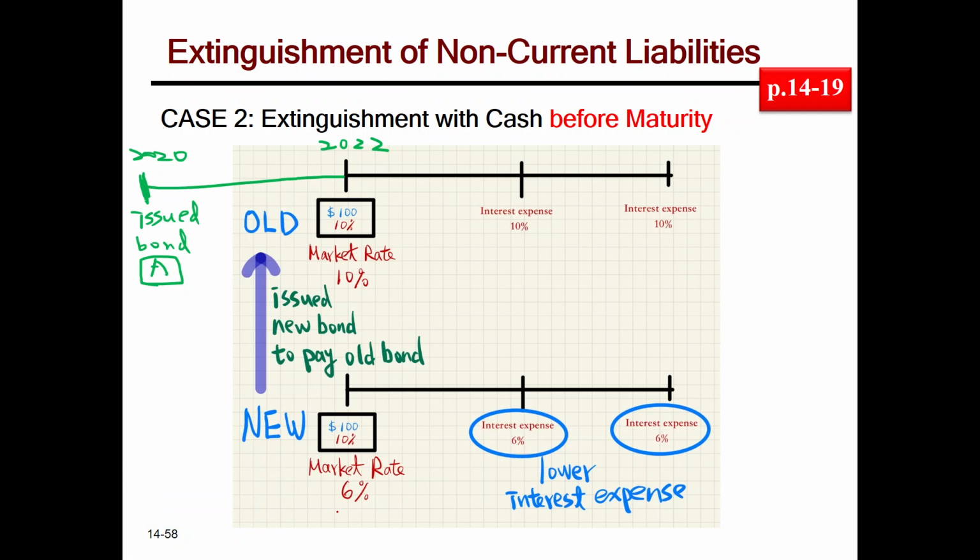So on this date I issued another bond. If we call it B, I issue another bond B, then you will get what? Money, right? For example, I got the cash.